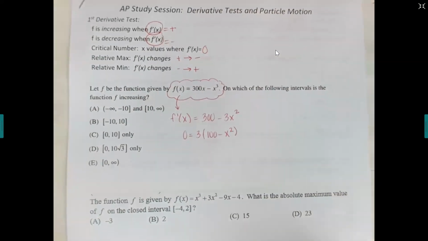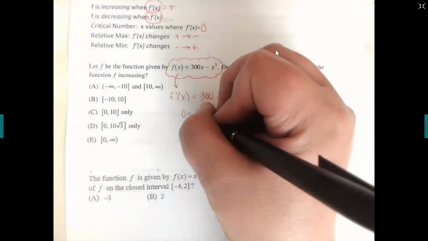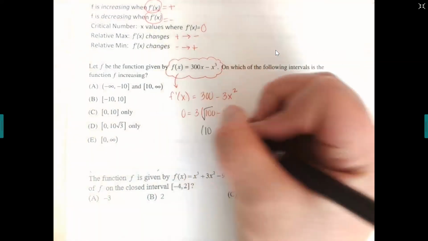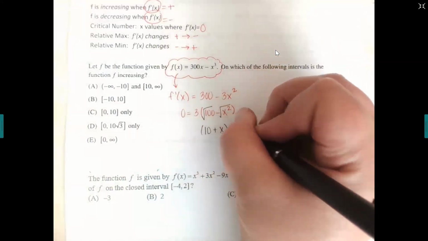Now, even though the order of subtraction is kind of odd on that, with the 100 first and the x squared second, you can still do perfect squares on it. You just need to keep it true to the order it's already in. So for example, square root of 100 would be 10. Square root of x squared would be a plus x and a minus x.